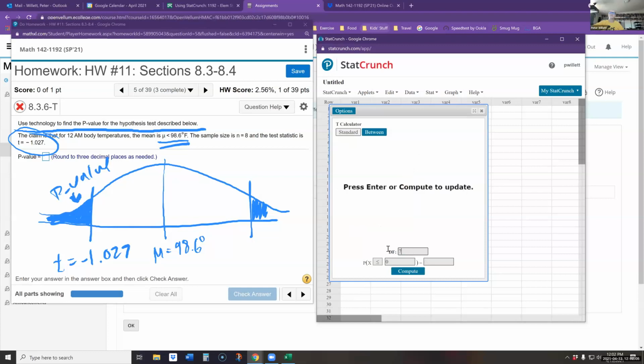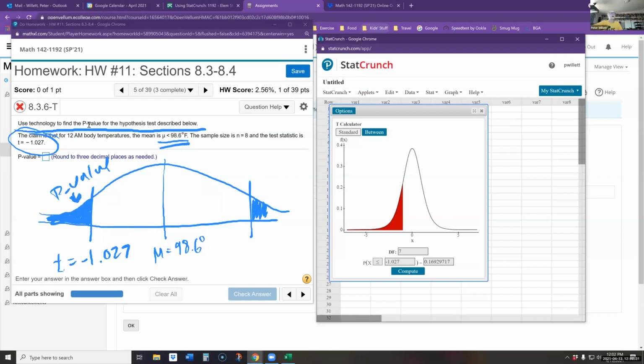So I enter in degrees of freedom is 7. And I want the probability of getting a score less than or equal to negative 1.027. And that probability is the p-value of that t statistic. And so that's what they're asking for.